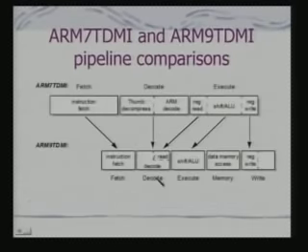And this is a comparison between ARM7 and ARM9 pipelines. ARM7 had a 3-stage, ARM9 has a 5-stage. What we are showing here is that thumb decompress and ARM decode are put together into a decode, because this is TDMI, that means I have got a thumb mode as well.